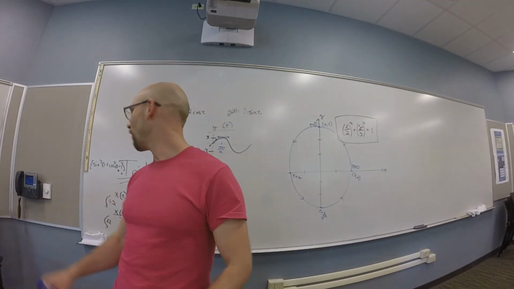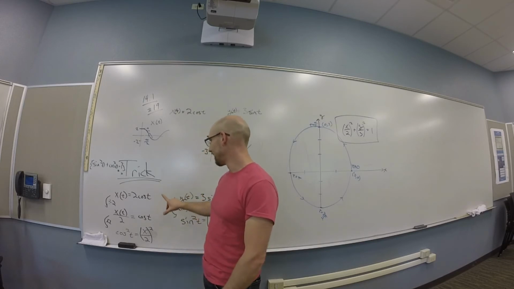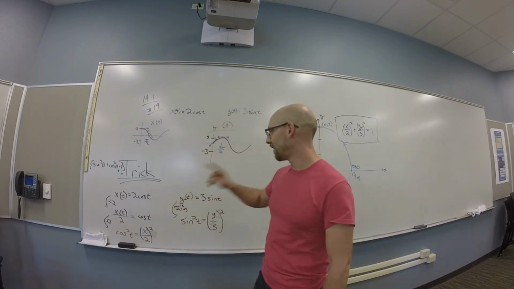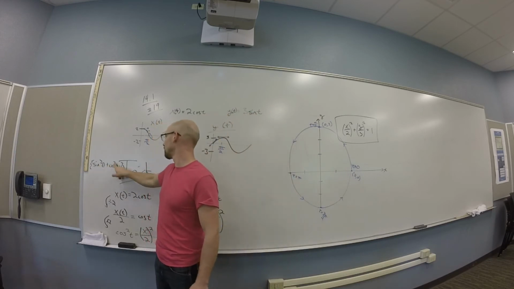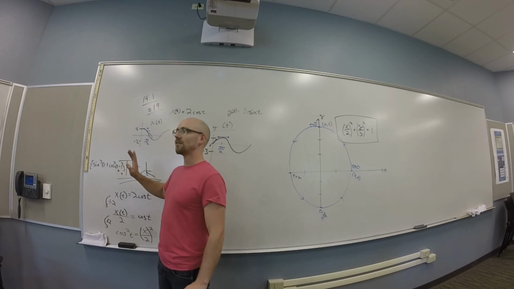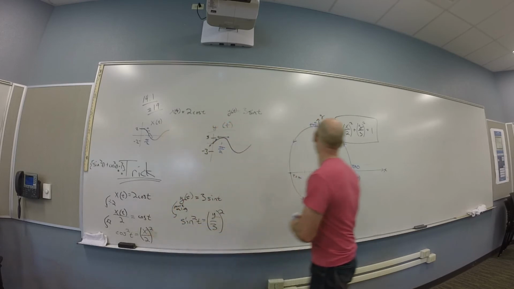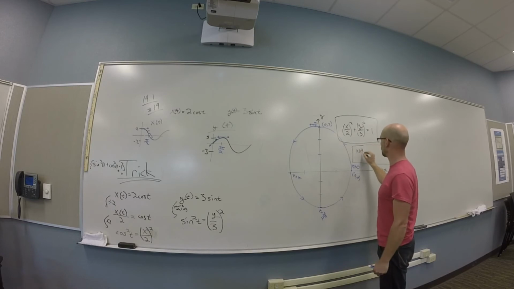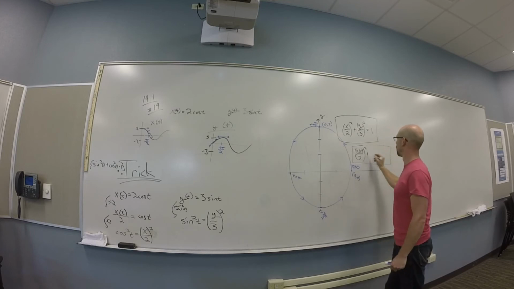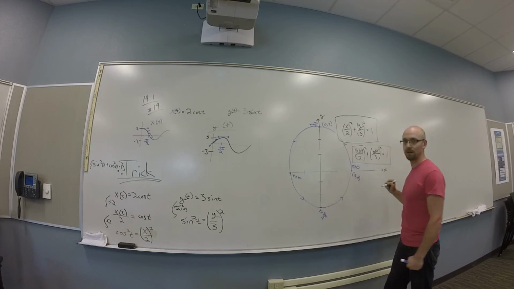Okay, so why did the t's disappear? What I know is that sine squared of t plus cosine squared of t is 1. So if I think about x as a function of t, I maybe should have x of t over 2 quantity squared plus y of t over 3 quantity squared equals 1.